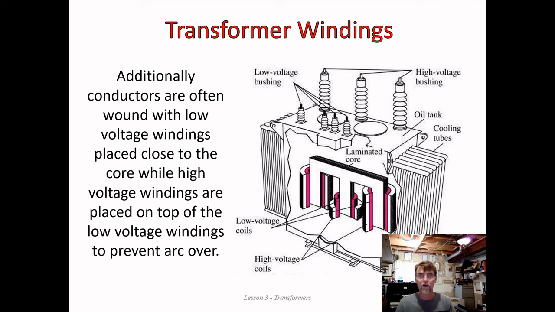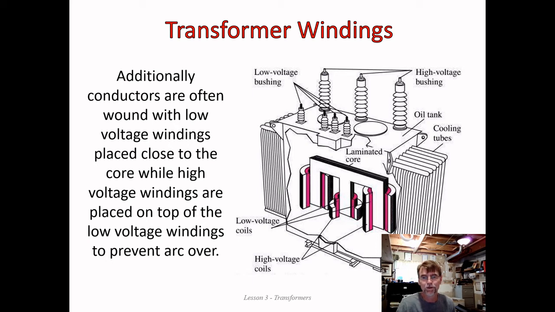Okay, we started out by calling them primary and secondary, but that is based not on the way the transformer is constructed, but the way it is connected. Okay, the way it is constructed gives us a high voltage and a low voltage. So no matter which is the primary and which is the secondary, you're going to have a lower voltage on the low voltage coil. We'll get to all these numbers later, I promise.